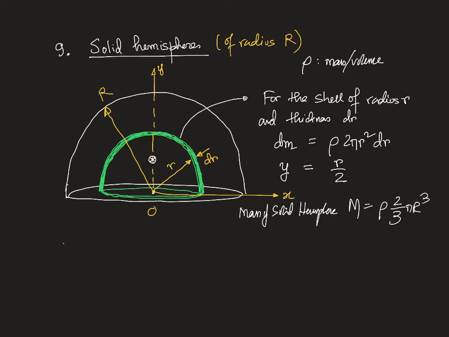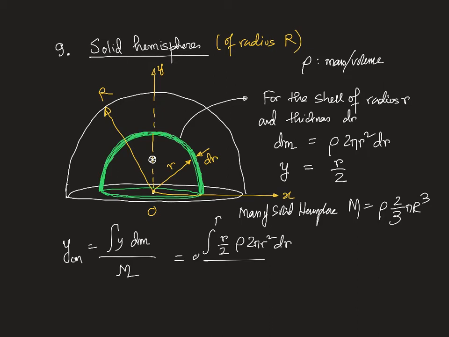So YCM, we can write integral y dm divided by m. So integral of r by 2 times dm, rho 2 pi r squared times dr, where small r varies from 0 to capital R, divided by mass, so rho times 2/3 pi r cube.